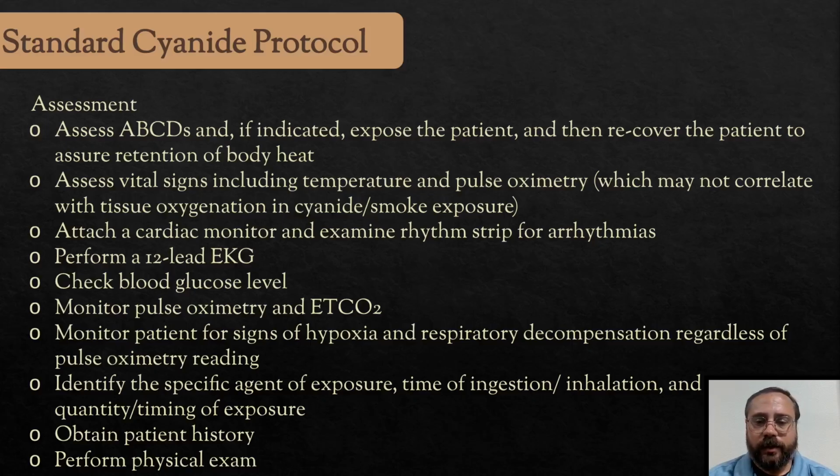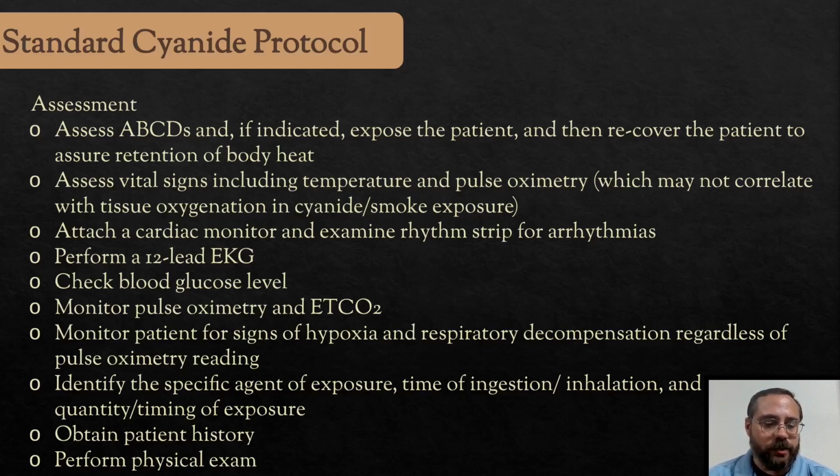Attach a cardiac monitor and examine the rhythm strip for arrhythmias. Perform that 12 lead, get glucose, monitor pulse oximetry and EtCO2. Monitor the patient for signs of hypoxia and respiratory decompensation, regardless of the pulse oximetry readings. Identify the specific agent of exposure, the time of ingestion or inhalation, and the quantity or the time of exposure.